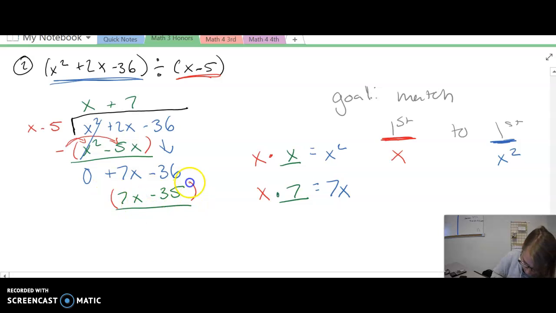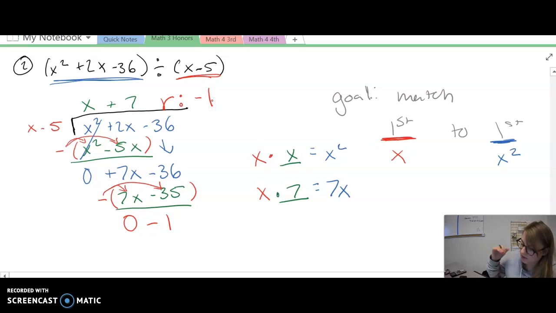And then remember, we have our negative, and we distribute it to both. So now we have 7x minus 7x, and that's going to be 0. And then distribute my negative to the -35, so now we have -36 plus 35. So we have -1. So we have a remainder of -1.